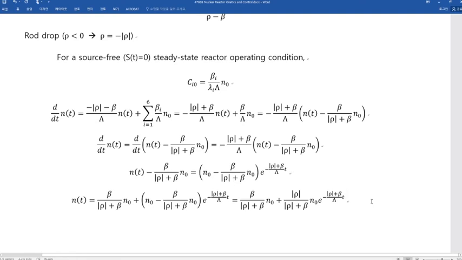So I would like to show you at least one time how to solve this type of differential equation. You may apply an integrating factor or you may follow the procedure that I just showed you to find the solution for the differential equation.